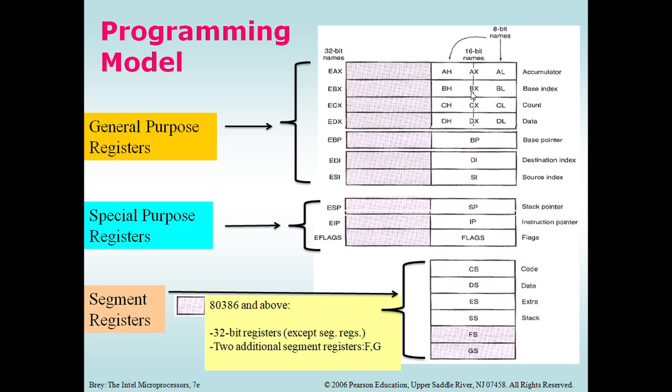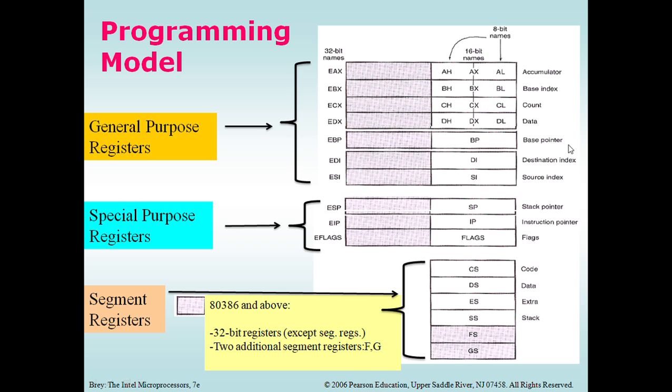And if there is a 32-bit base register in the microprocessor, then the name EBX is used to access the 32 bits of the base index register. The same pattern goes for the count and data registers.